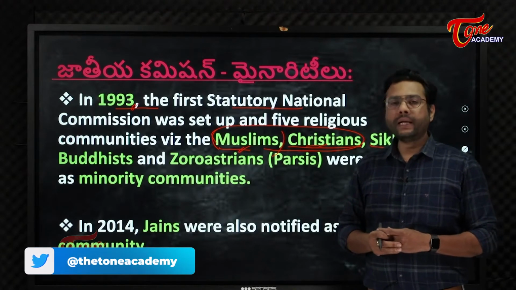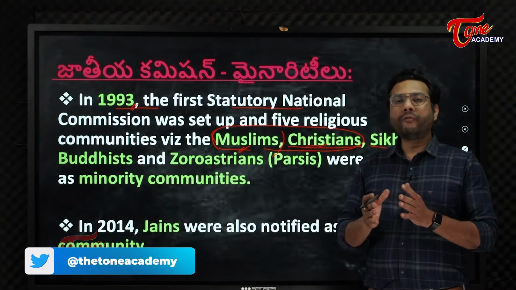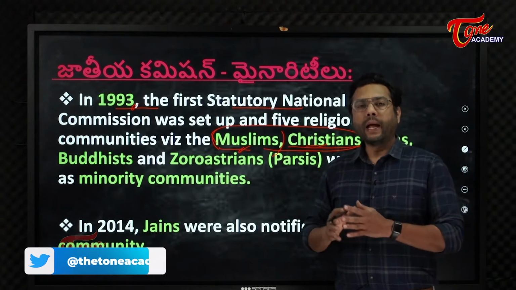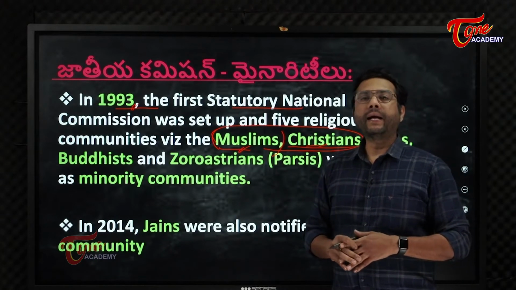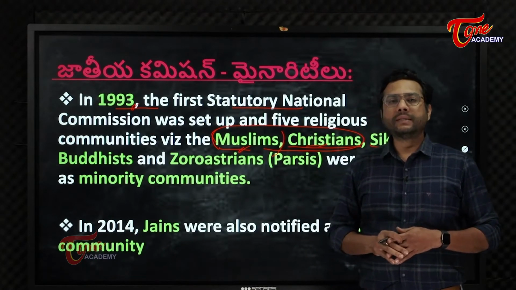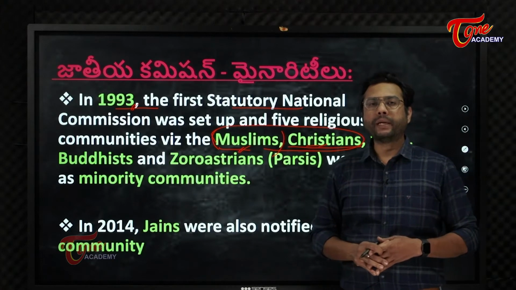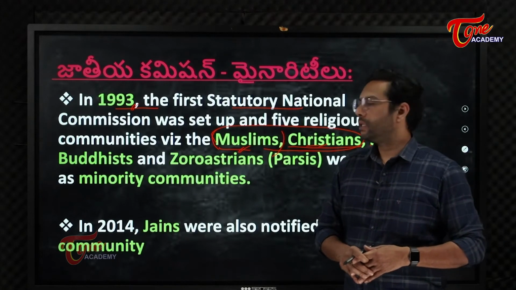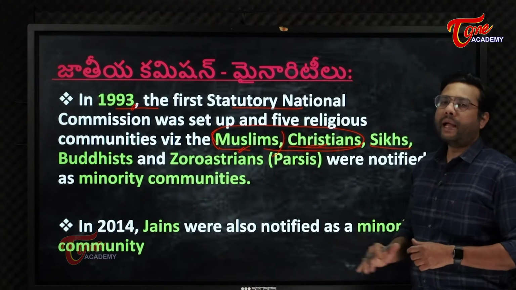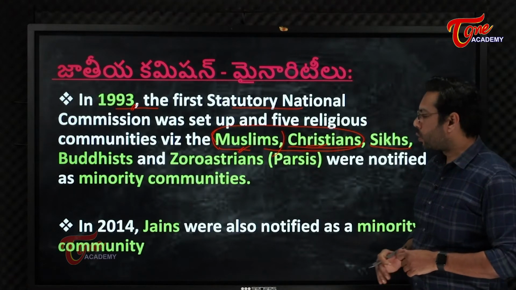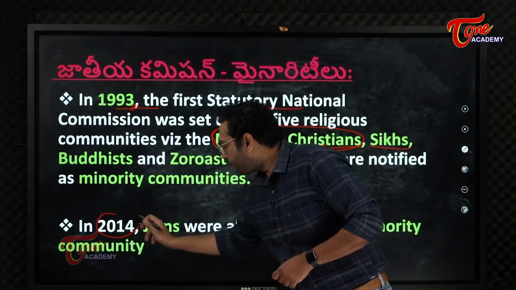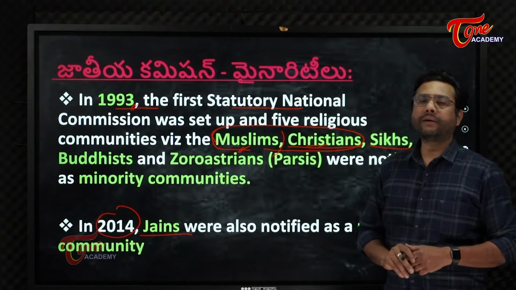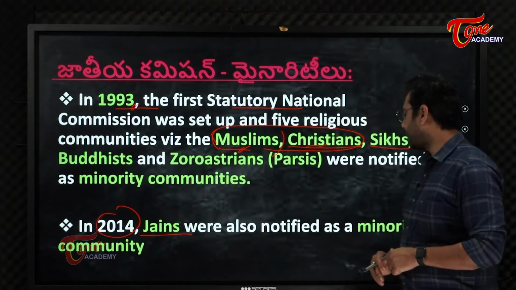It is only possible when we give due importance to every section of society, and no person is left out of the development process taken up by the government. So we have 6 important religious groups. Recently in 2014, Jains have been added to the religious minorities.